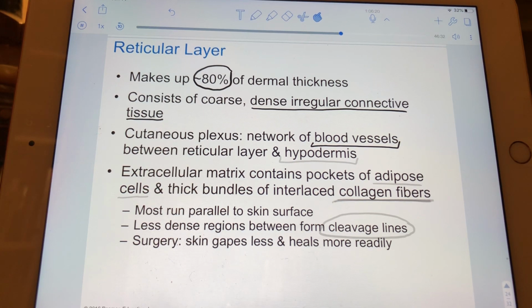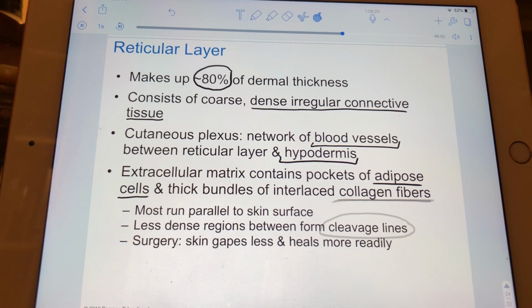We can find adipose cells, meaning adipocytes, here and there through the reticular layer, whereas the hypodermis, which underlies the reticular layer, is made almost entirely of adipocytes.